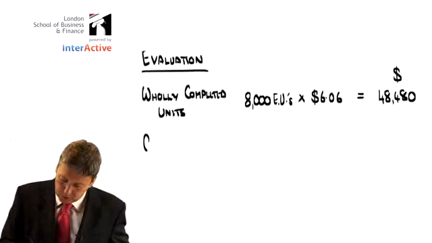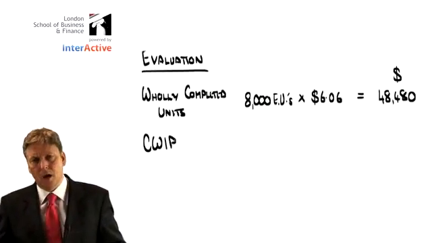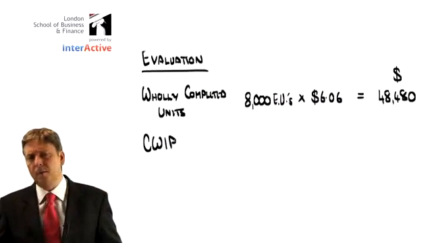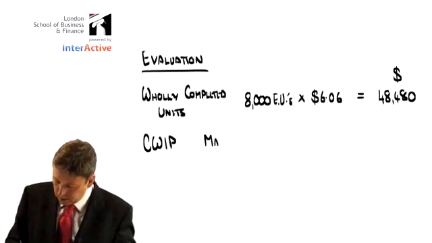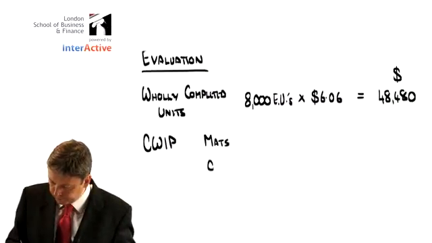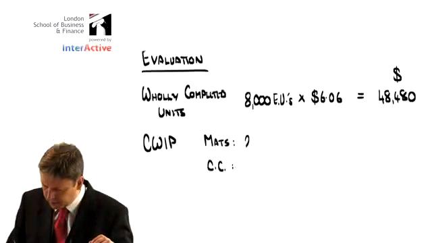The other element, of course, is the CWIP, the closing work in progress. Of course, we know that there is a differing number of equivalent units for materials and conversion costs. So let's look at them separately. If we're looking at materials, we had 2,000 equivalent units.